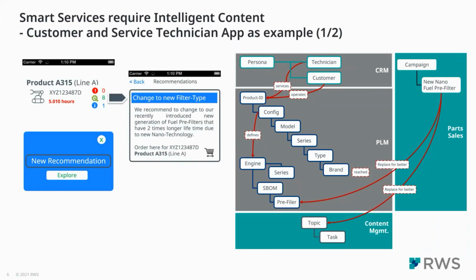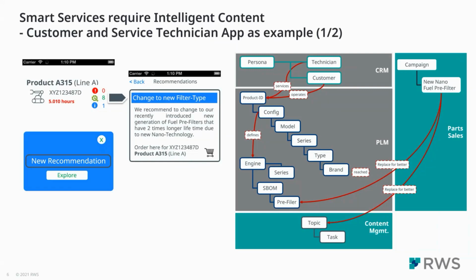So this is something that manufacturer companies already do with, for instance, their spare part catalog. But someone needs to actually go into that spare parts catalog and see, because they would need a new filter, and then they would get the information: okay, that filter is now replaced, or I could use another one.